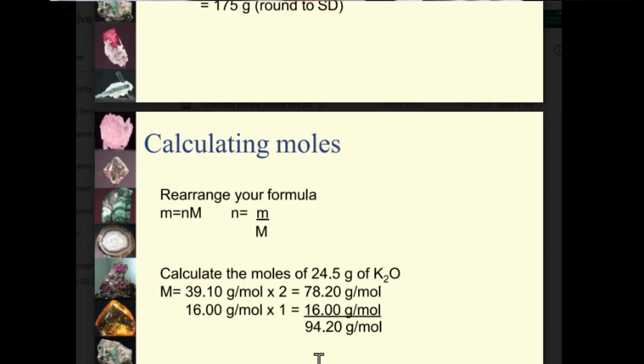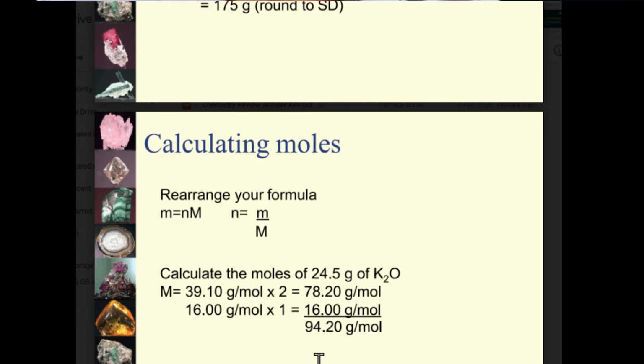So if we were to calculate the moles of 24.5 grams of K2O, we'd have to figure out the molar mass of everything here. So the molar mass of potassium is 39.1 grams per mole. So 602 hexillion atoms of potassium weighs 39.1 grams.